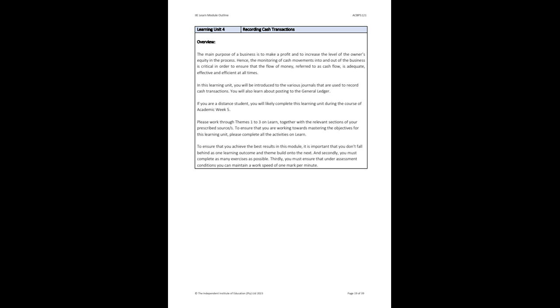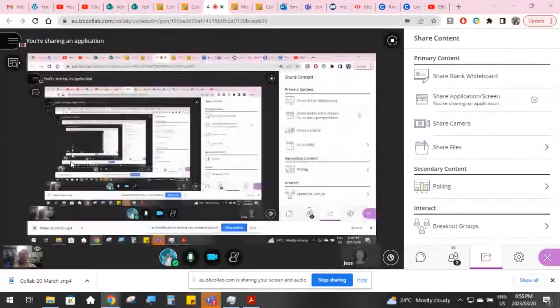Okay, so what I want to do now quickly is just show, let's keep an eye on the time. I just want to show the students how they should be using Learn in conjunction with their textbook and your workbook in order to guide yourself through each learning unit.